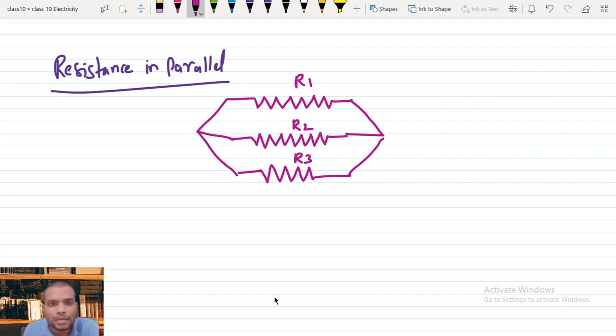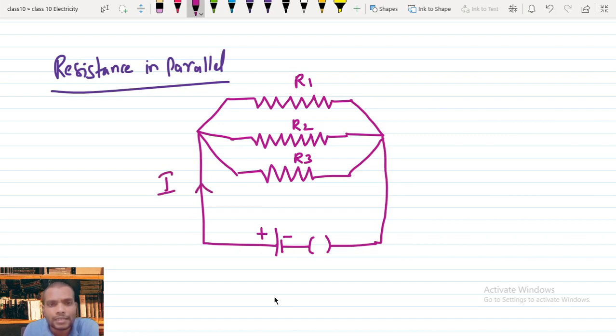So these three are connected in parallel to a cell with a key. So this is positive and this is negative, and if this is the current direction, at the junction, this is a junction at point A and this is another junction at point B.